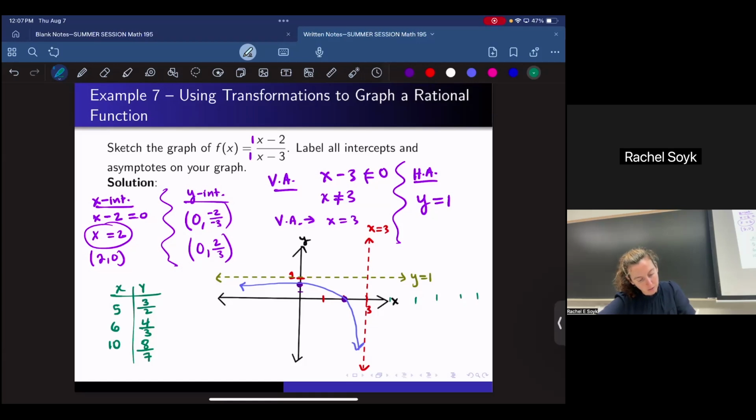So 5 and 3/2, which is just 1.5. And then 6 is a little smaller.